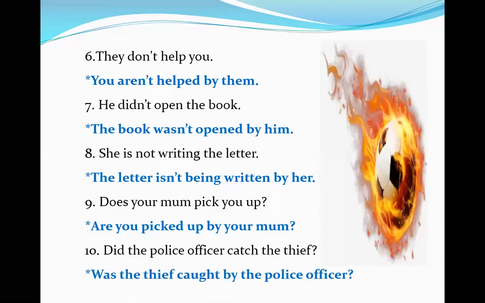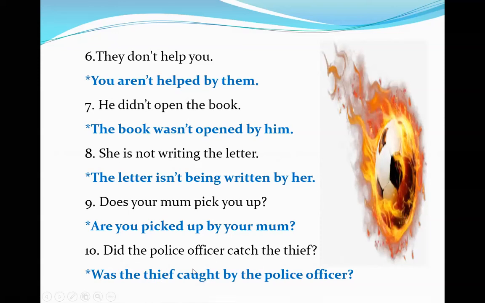Okay, this is the right answer. Was the thief caught by the police officer? Why do we use was? Because, as I told you before, in the past simple passive, we have to use was or were. Why did we start with it? Because it's a question. I told you before, in the question, we have to use was or were in the past simple. We get the thief at the beginning, and the past participle of catch is caught.